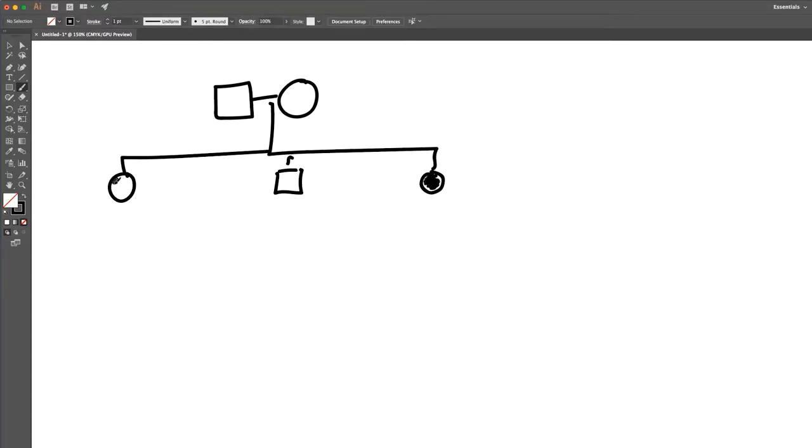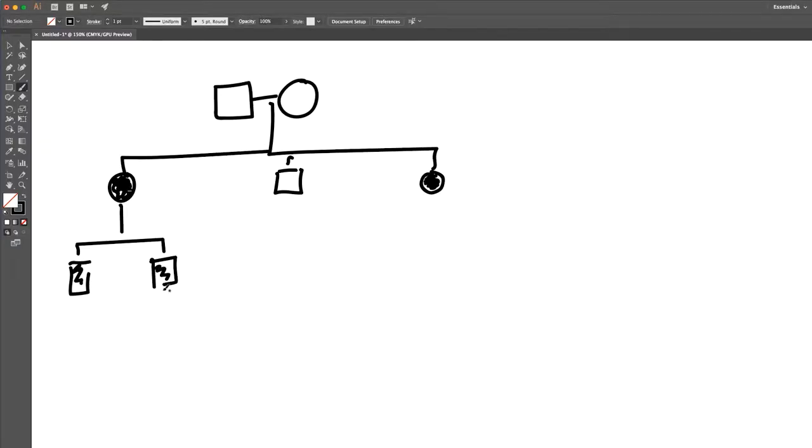So this daughter is afflicted, and this daughter is afflicted. It's interesting to note that neither of the parents is afflicted. And this daughter gave rise to two sons, and both of the sons are afflicted.